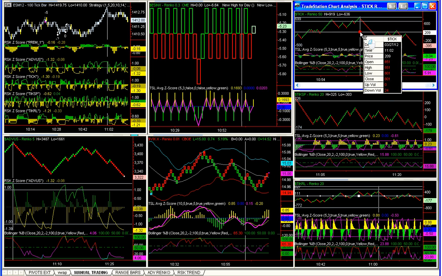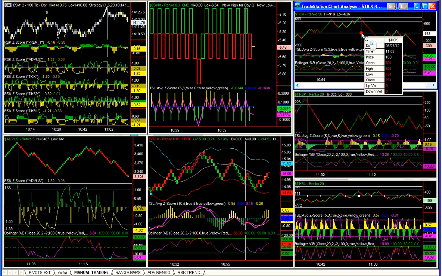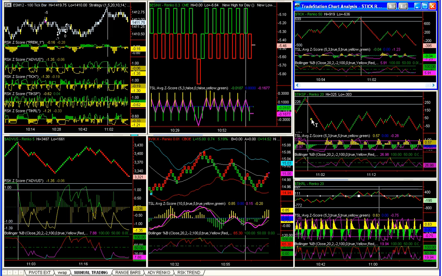Now, let's take a look at this. Just look at my global indicator here. I was at an upper range on the tick. I was not at an upper range on, for example, the tick of the Russell. I was on the tick of the S&P. All right. The AD was getting ready to slope down.